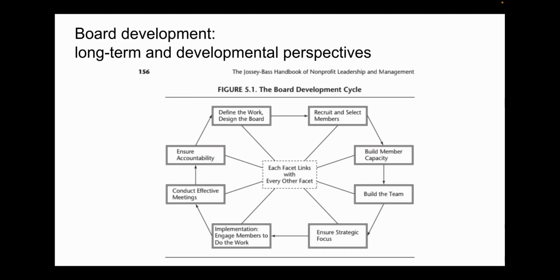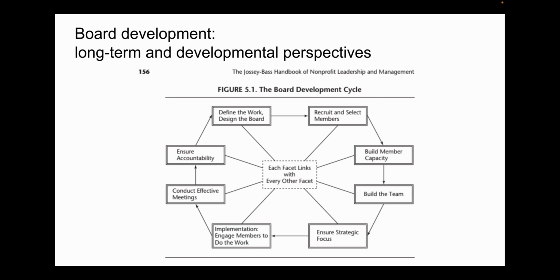All right, so how exactly can we develop a board? It's a long-term, developmental perspective that includes a cycle, so we call it the board development cycle. The first step is you need to define the work.